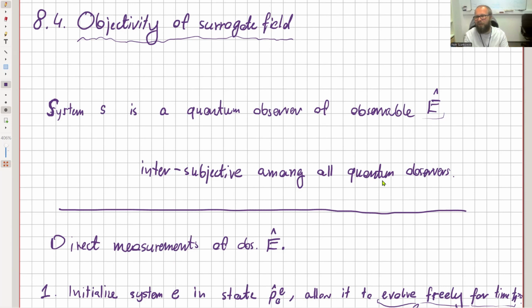So I think this is what allows us to say that when the surrogate field representation is valid for a given observable of a system E, then this surrogate field becomes an objective entity. Objective because all possible observers will experience this observable in the same way. They experience it as this stochastic process with unitrajectories, right?